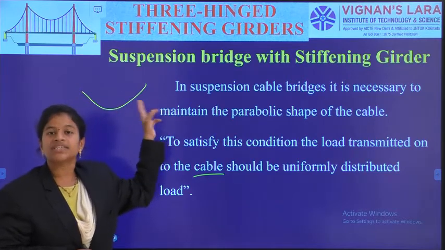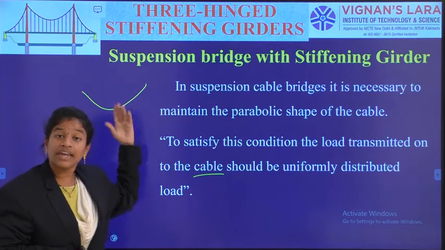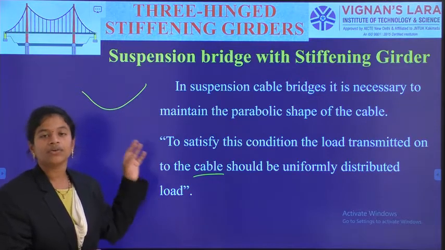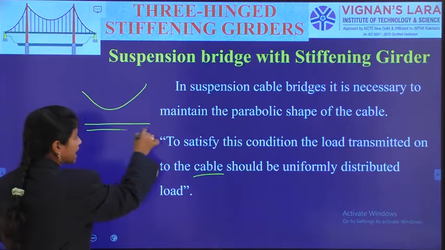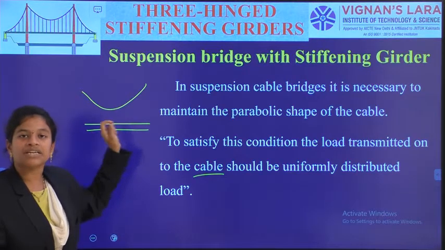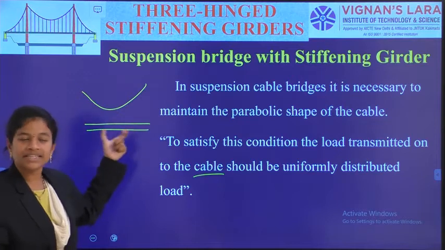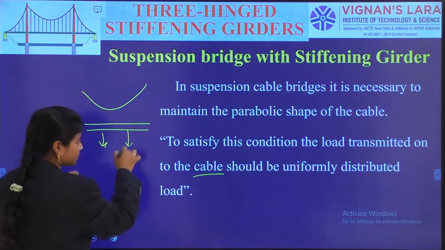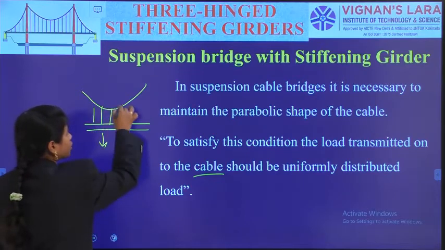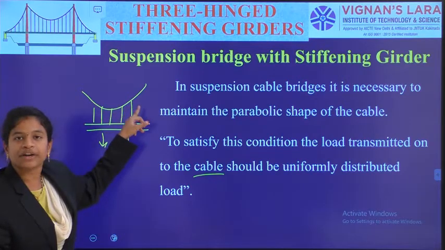When this shape comes, when I am applying the UDL, due to the application of some point loads are also happening. So when we add the stiffening girder, this simply supported type of beam structure is converting the applied point loads into uniformly distributed loads along the vertical suspenders to the cable.